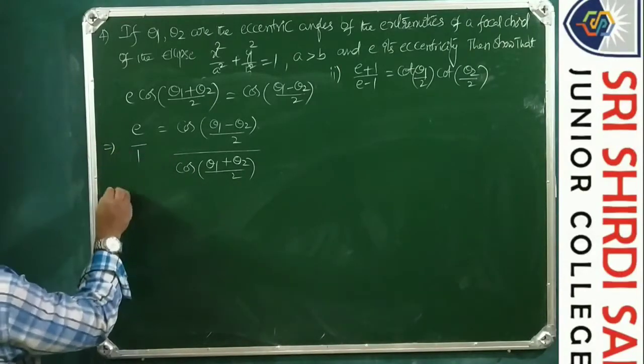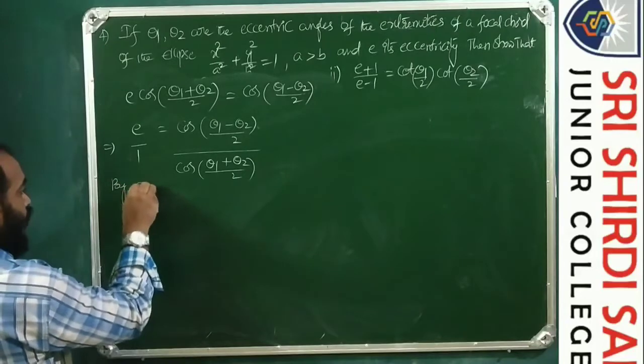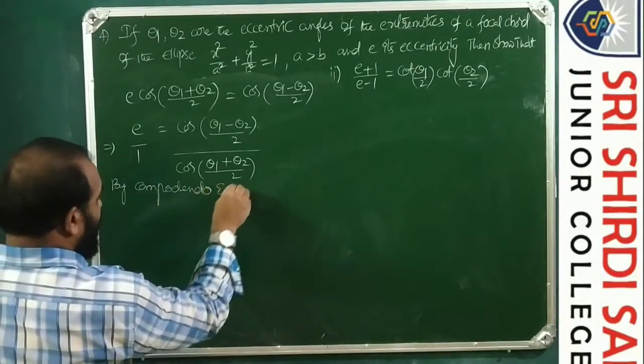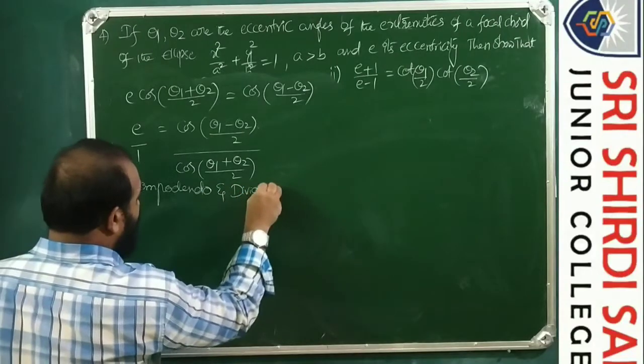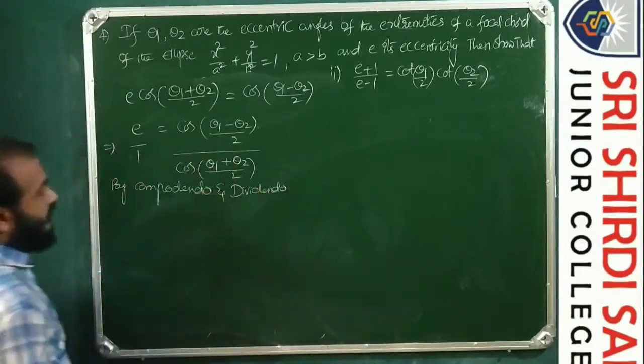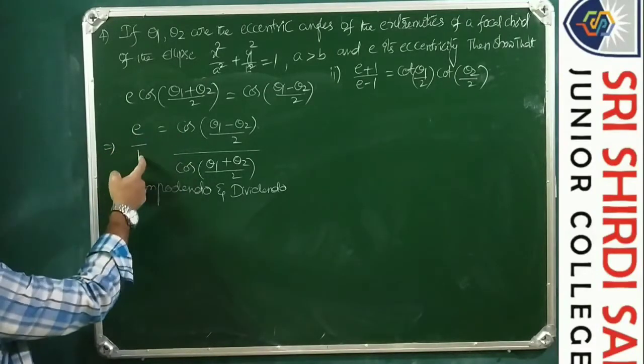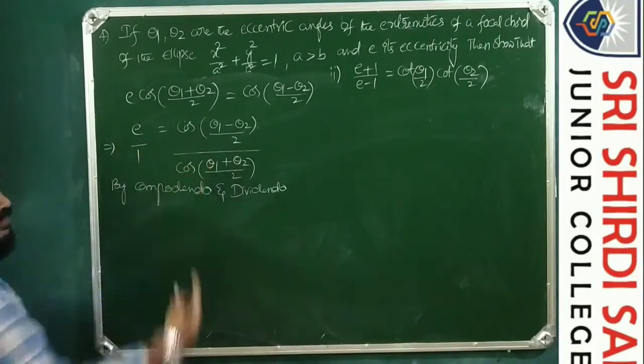Now by componendo and dividendo, what it says: if A by B equals C by D, then (A plus B) by (A minus B) equals (C plus D) by (C minus D).